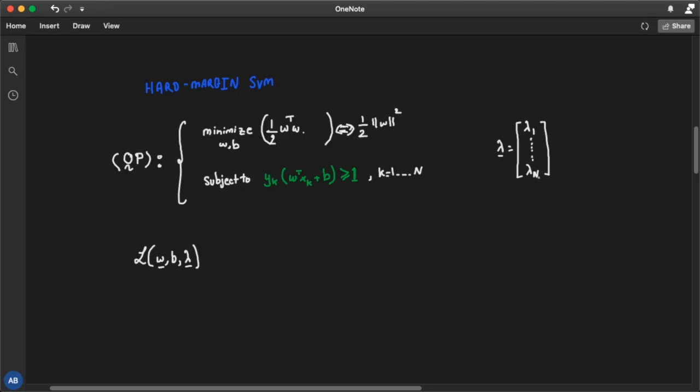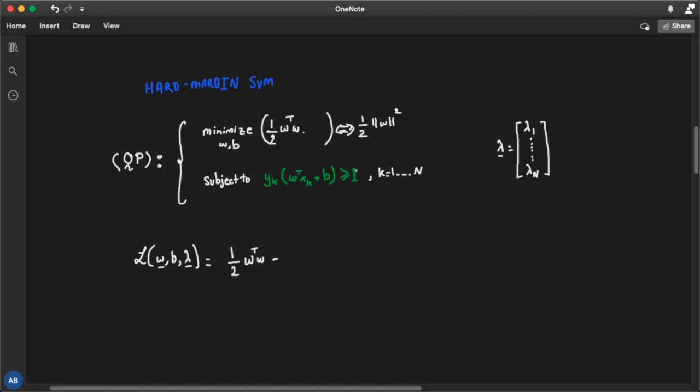So the Lagrangian function, if you're following my convex optimization lectures, is nothing other than the cost function, half W transpose W. And since we're minimizing, we're going to have a minus lambda k multiplied by the kth constraint when positive.